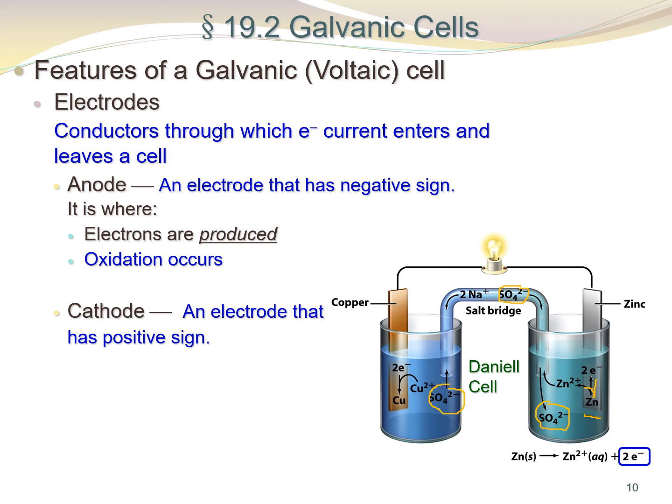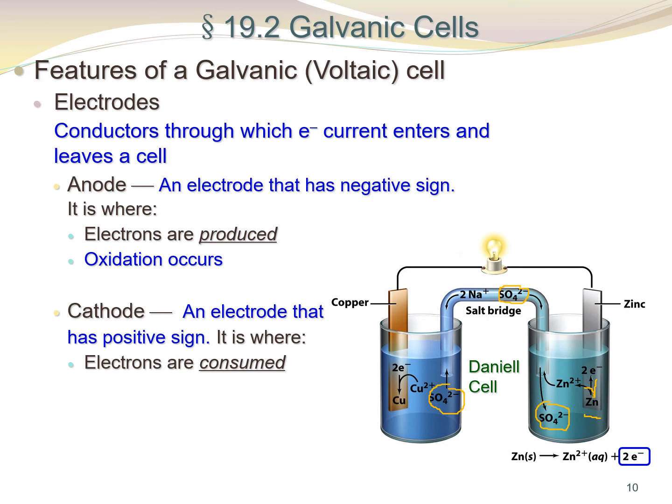Cathode. Since it's positive, this is where electrons are going to go in. Electrons are going to go in and get reacted, consumed. So one beaker, we understand, is the oxidation half reaction. The other beaker has to be the reduction.